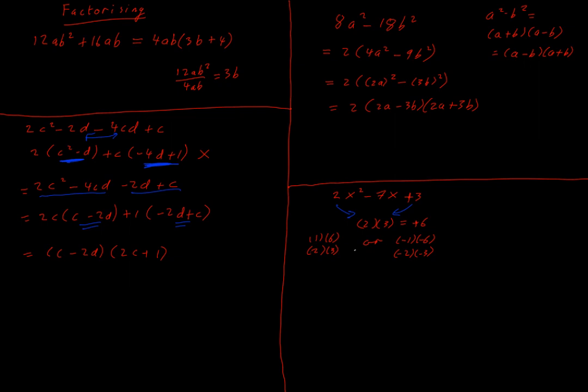So now what I'm looking for is what combination of numbers is going to add together to give my minus 7. So I want 2 numbers that multiply together to give the number on the end and add together, sum together, to give the coefficient of the x. And what I can see is minus 1 and minus 6 multiply together to give the same result as 2 by 3, or to give 6, and it adds together to give minus 7.